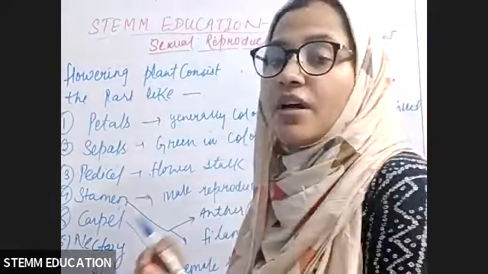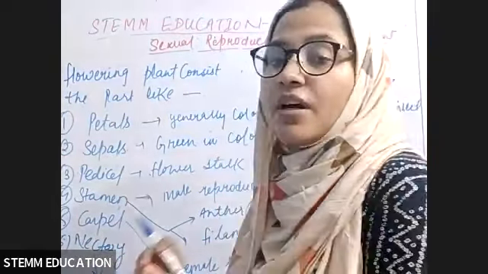The male gametes are inside the pollen grain. For the flower, the male gametes, the male reproductive cells, are present in the form of pollen grain, the dust particles found inside the anther.